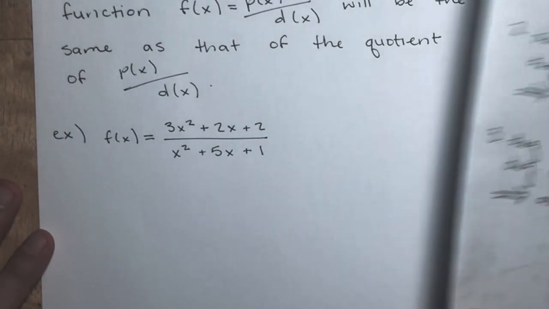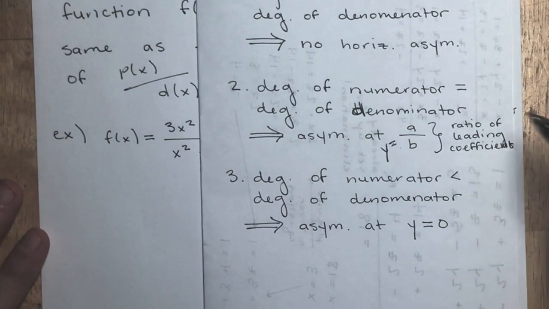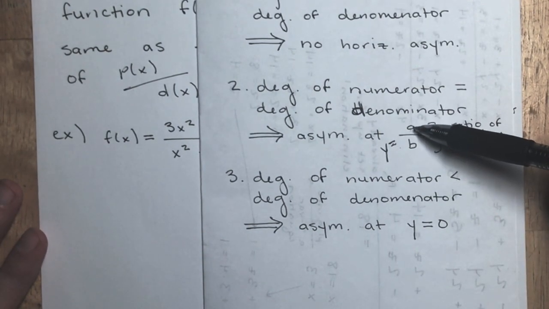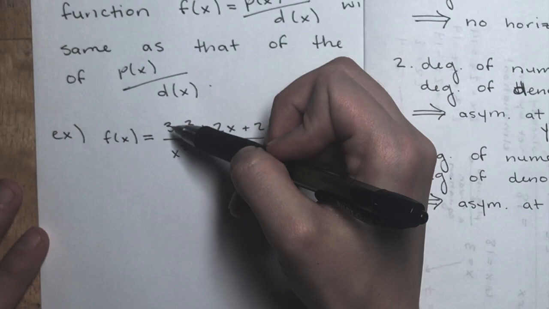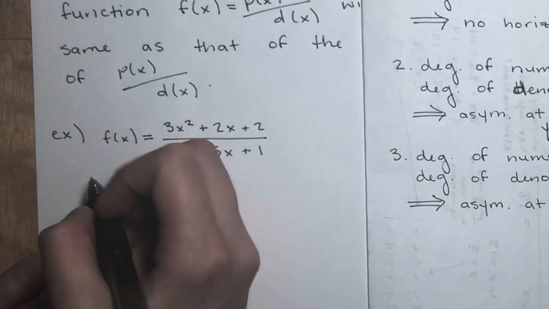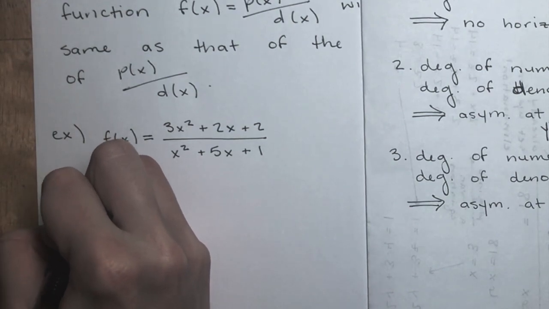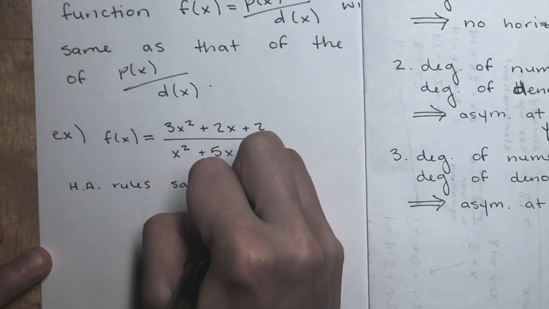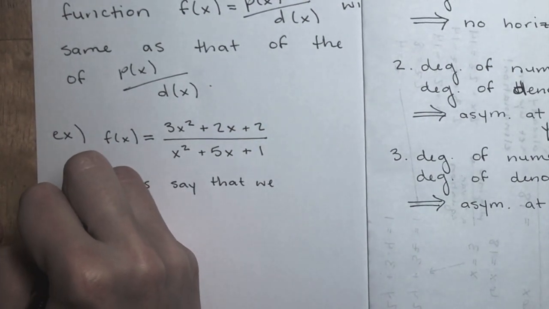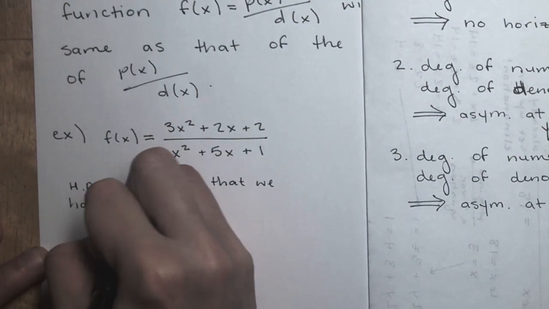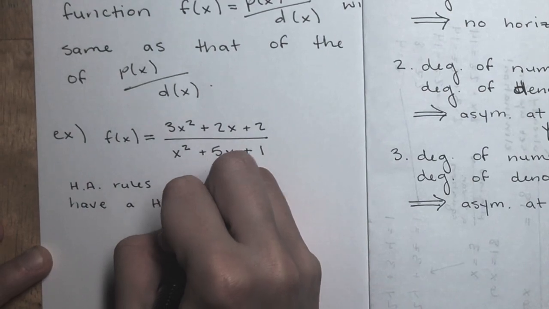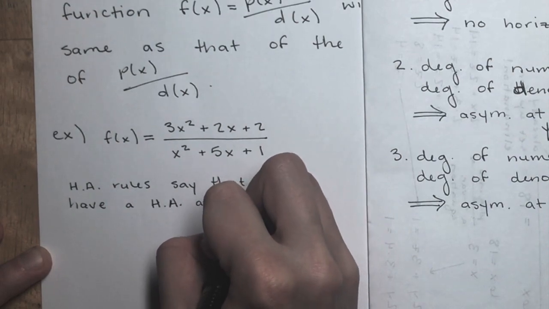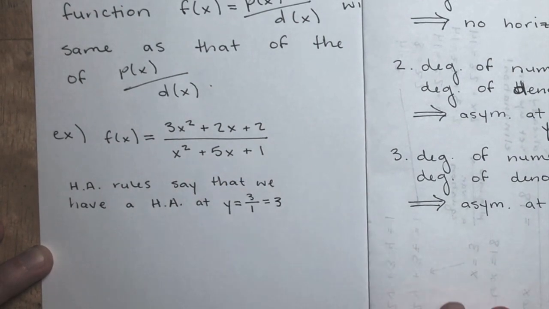So we know from our rules, if we were just memorizing, that our horizontal asymptote rules say that we have a horizontal asymptote at y equals a over b, a and b being the leading coefficients, so y equals 3 over 1, or 3.